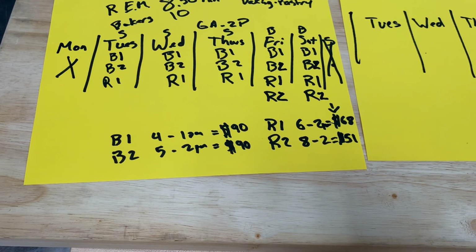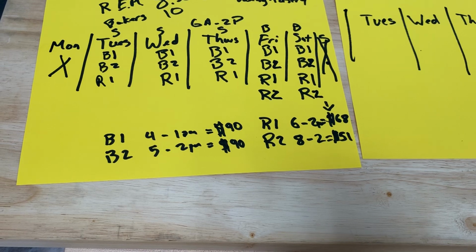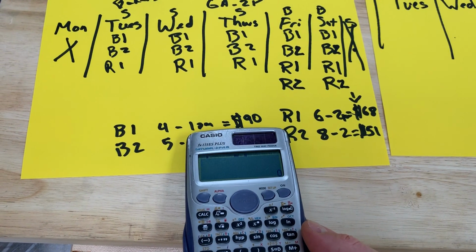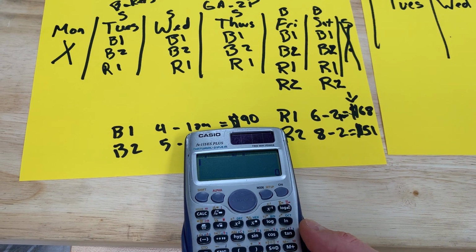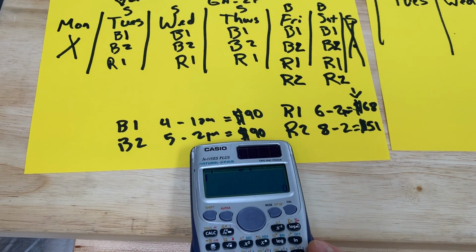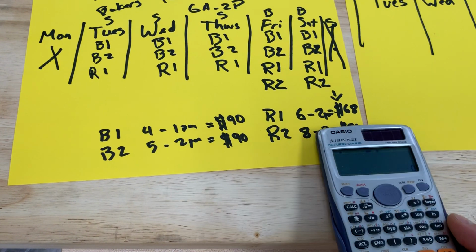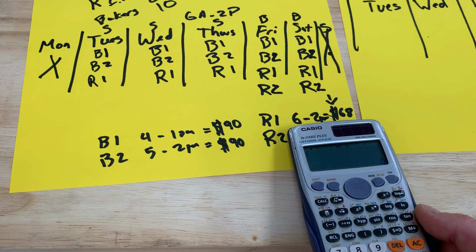So, Tuesday, I have one baker coming in at 4 a.m. He is going to cost me $90. I've got my second baker coming in at 5 a.m. He's gonna cost me another $90. And then I've got my register 1 employee doing an 8-hour shift, costing me $68.